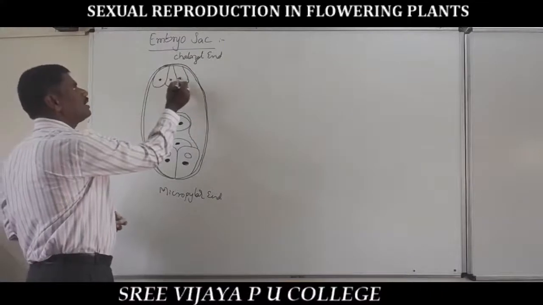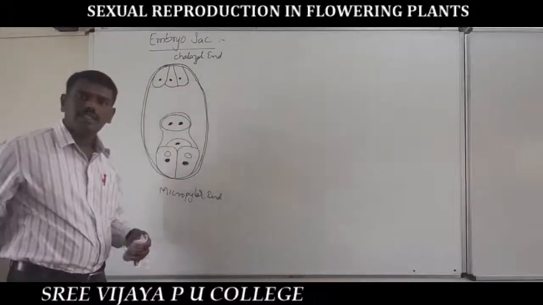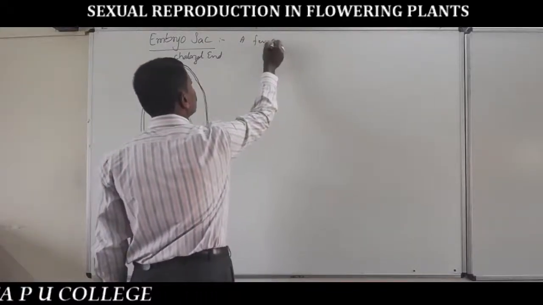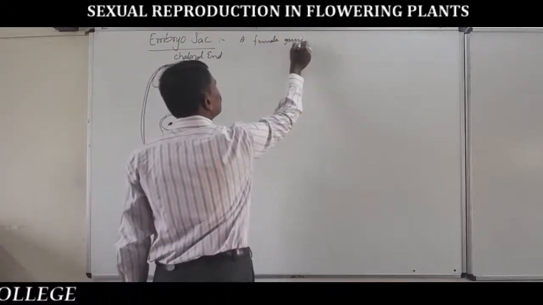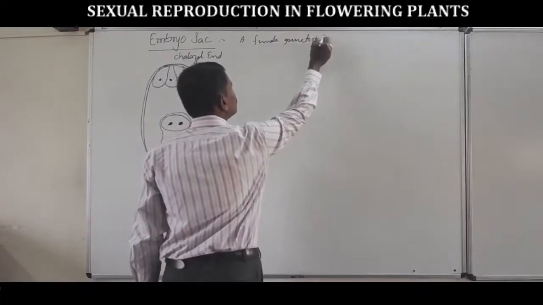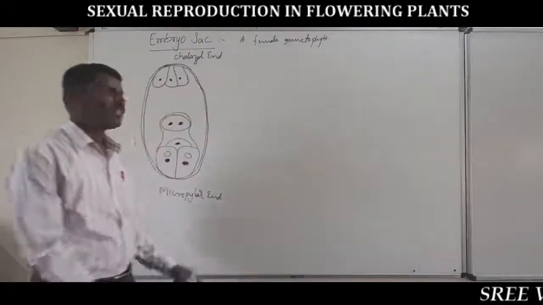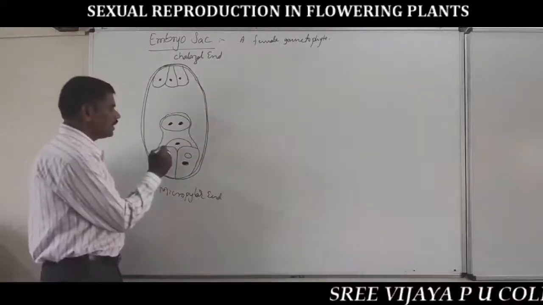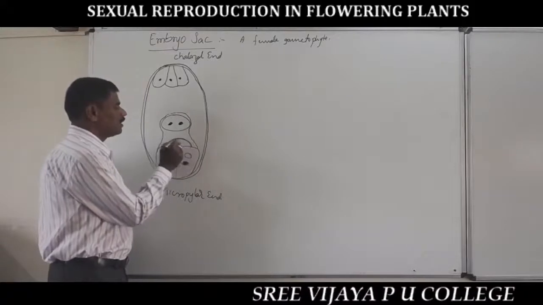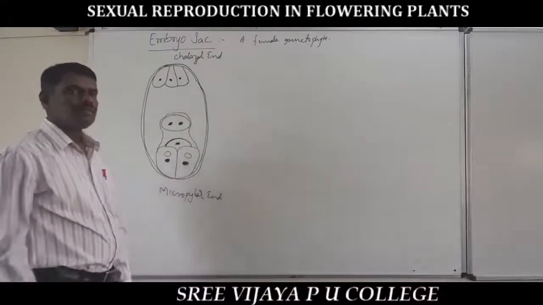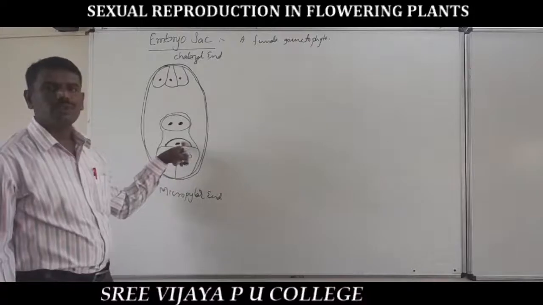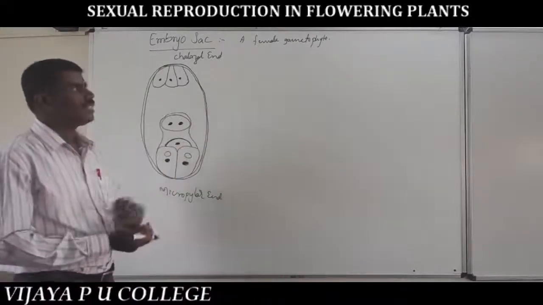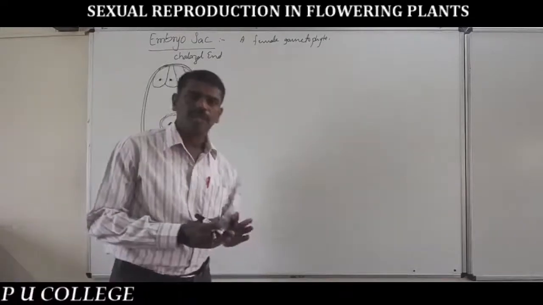The embryo sac is the female gametophyte, because it has an egg cell. Due to the presence of the egg, the female gamete produced in the embryo sac, it is called the female gametophyte.